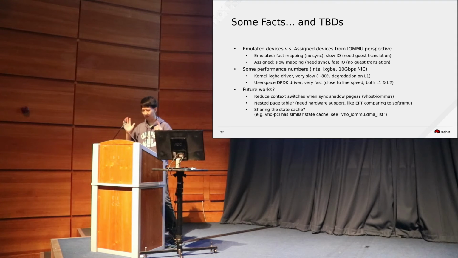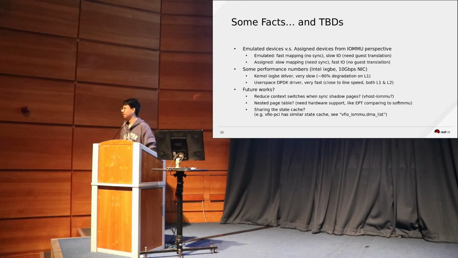Okay. Is it time? Can I have a question? Yeah. The 18% degradation is just pass-through on the level 1 guest, right? The degradation in level 1 is just regular pass-through of the NIC to the guest, right? With IOMMU inside and enabled.